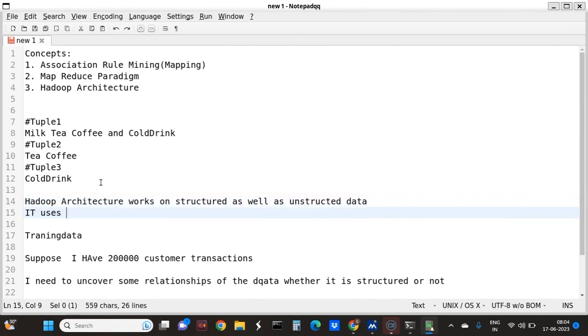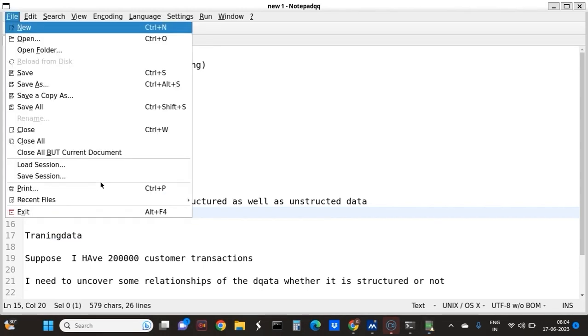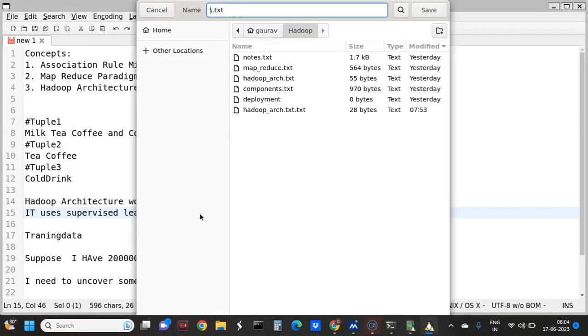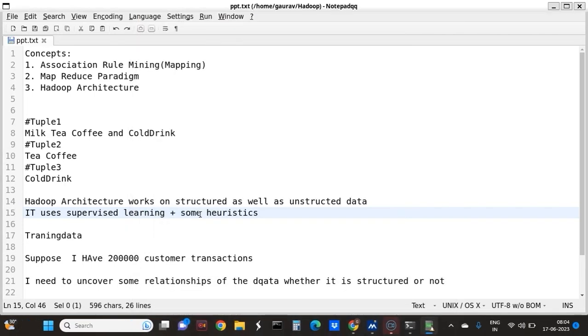It uses supervised learning plus some heuristics. Now let us again see the concepts: association rule mining, MapReduce paradigm, Hadoop architecture.